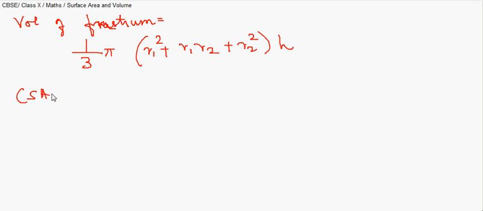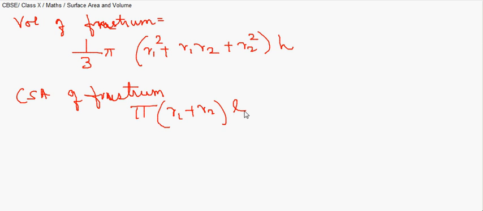So this is the CSA, curved surface area of frustum again. That is pi (R1 plus R2) L, and the total surface area will be this one, the curved surface area plus the circular ends.